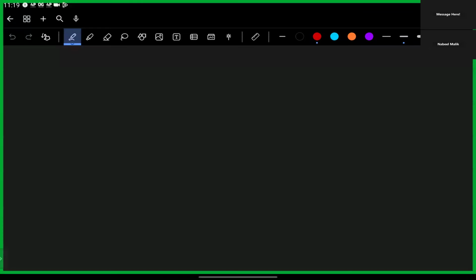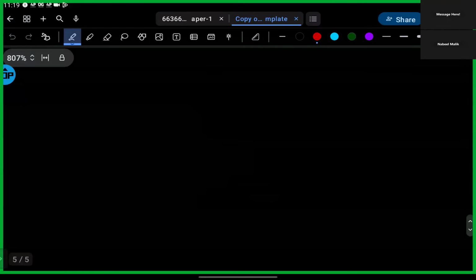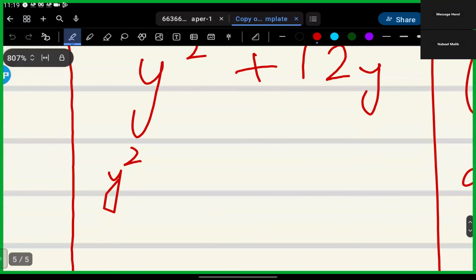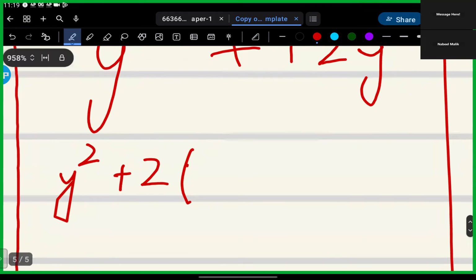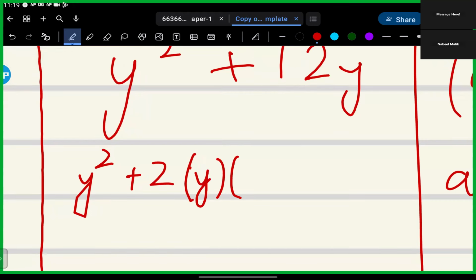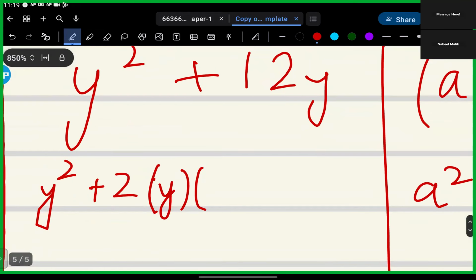Now we know that basically a square is y square. The next part is plus 2ab. Now a is y. What is b? b should be whatever is written over here, divided by 2, because we have to cancel out both of them.